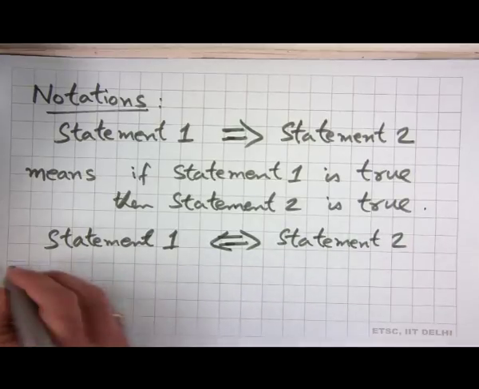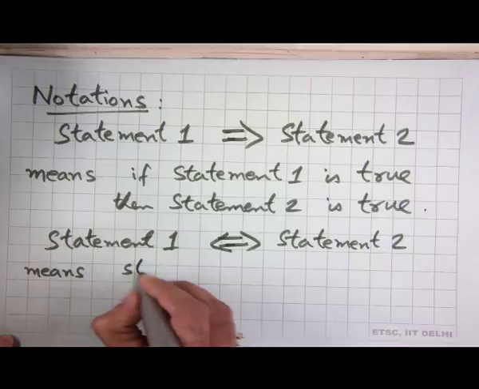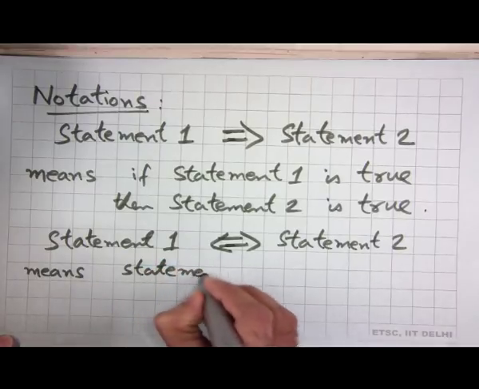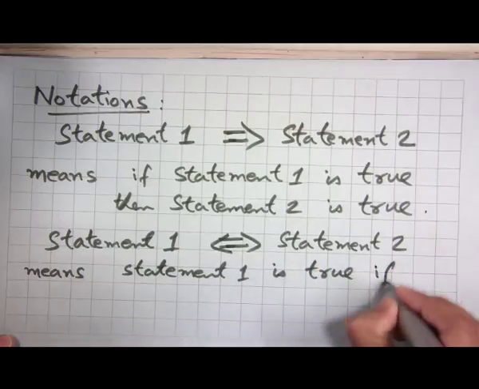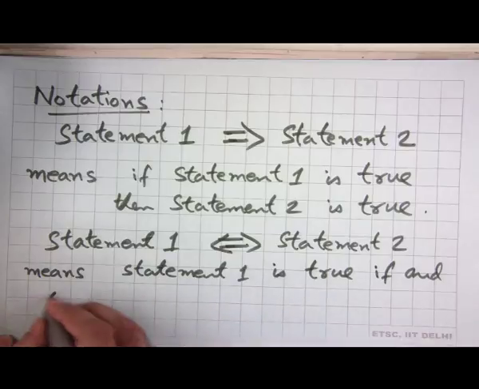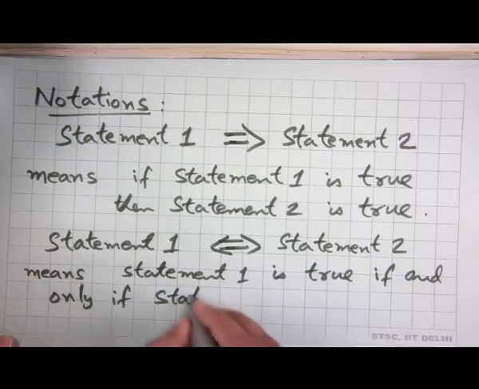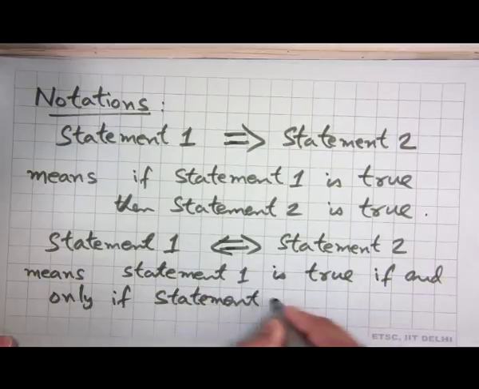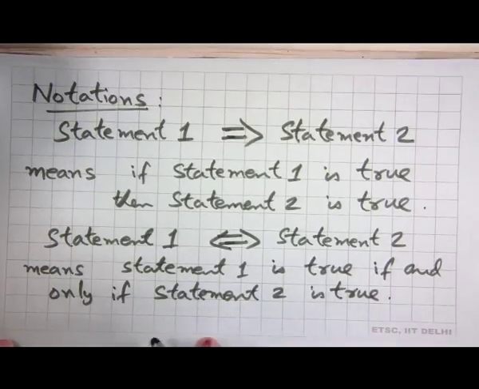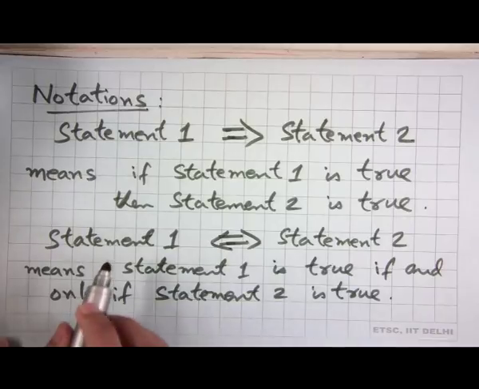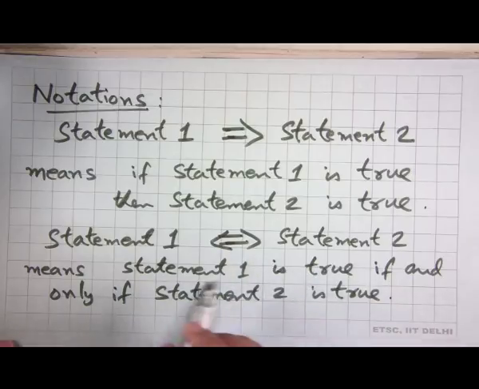this means statement 1 is true if and only if statement 2 is true. So, that means that if statement 1 is true, then statement 2 has to be true, and also if statement 2 is true, then statement 1 is true.